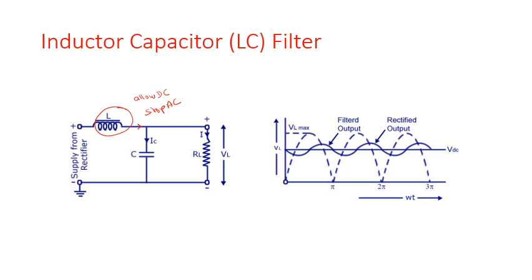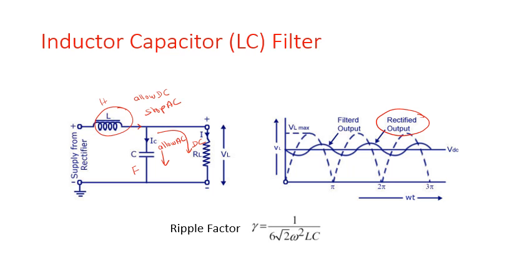Whichever AC signal goes ahead, in simple terms, since the capacitor allows AC, that AC will go over here. Whatever remaining DC signal is there passes through the resistor and I get a rectified output at my output end. The ripple factor for this circuit is given by 1/(6√2 ω²LC), where L is the value of your inductor in henries and C is the value of your capacitor in farads.